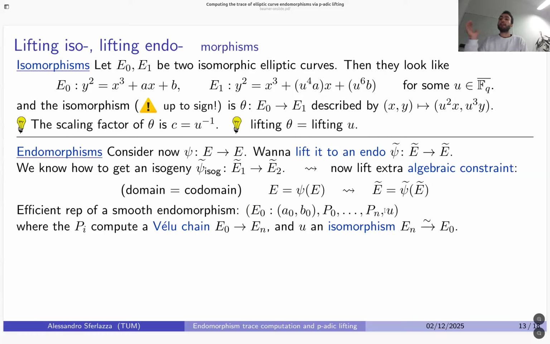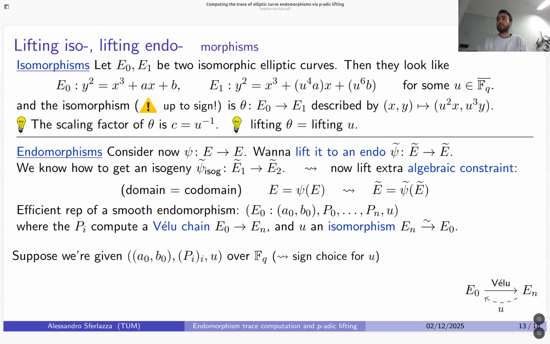And then a final isomorphism, so that whatever we've got from the chain will be something isomorphic to the domain, and then we consider the isomorphism through this isomorphism factor U explicitly. That gives us a recipe to compute an isogeny that goes actually from a given curve to exactly the same curve.